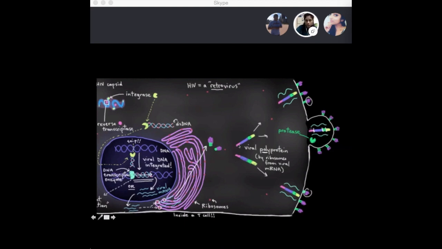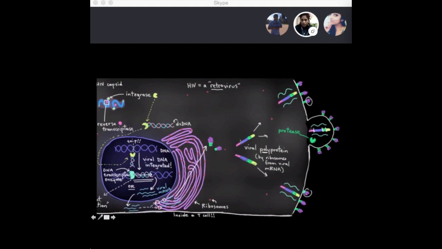So like reverse transcriptase for the pink, and the protease, and the yellow piece would be the integrase. So those are all important pieces in order for HIV to move on to another cell and do the same thing you just did here.